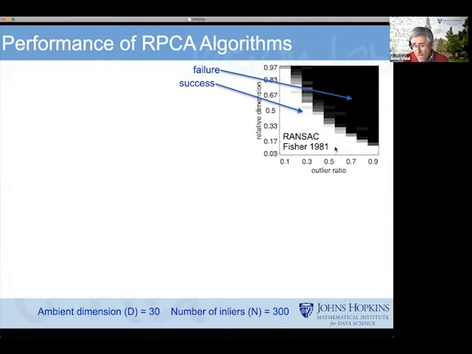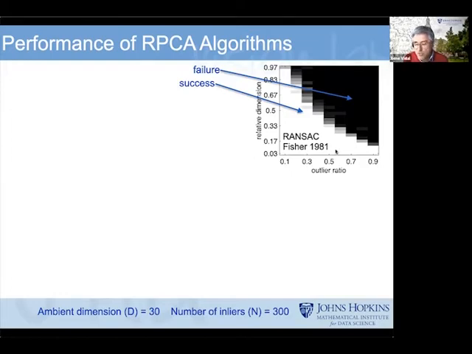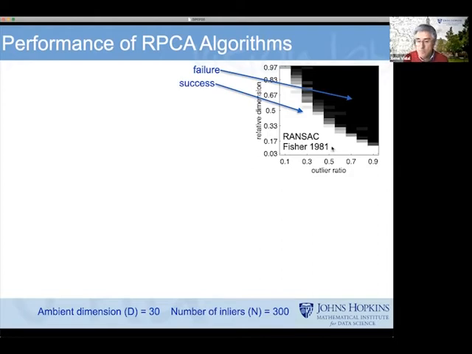White denotes success, namely that you were able to perfectly recover the subspace. This is in the noiseless case. And black means that you did not perfectly recover the subspace. Many trials are done, and so we are reporting here the percentage of the time that you correctly recover the subspace.